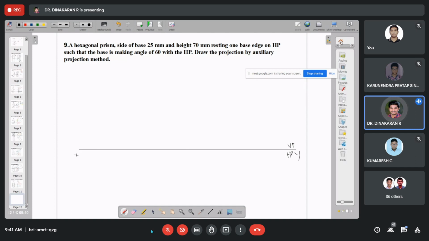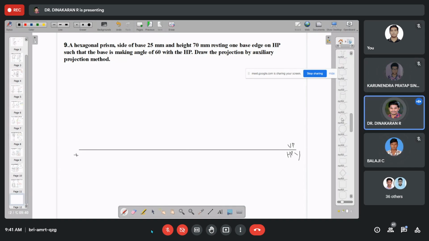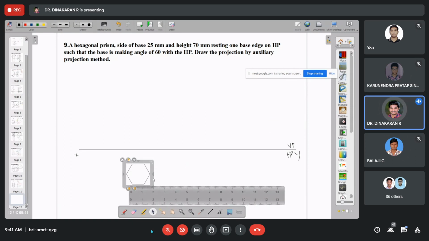Prism, because they directly gave a hexagonal prism. So 25 mm is the base side.